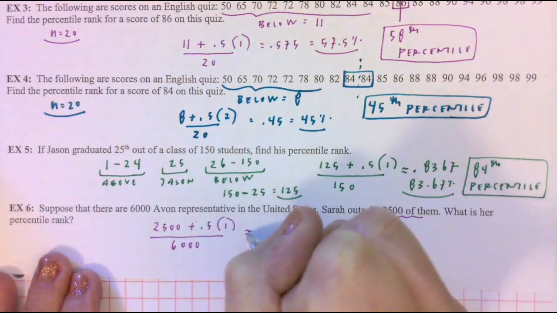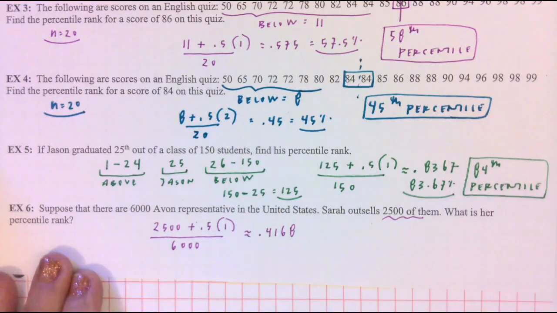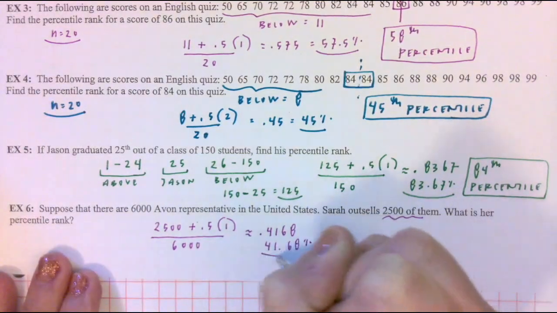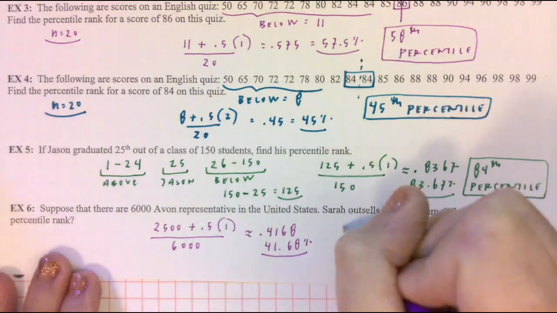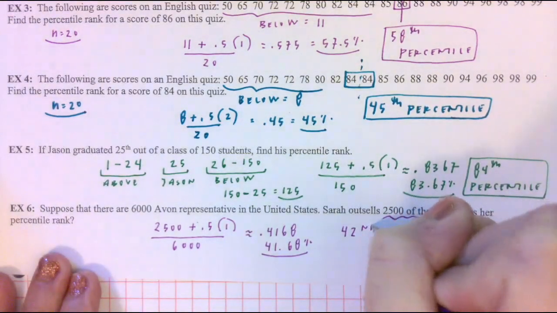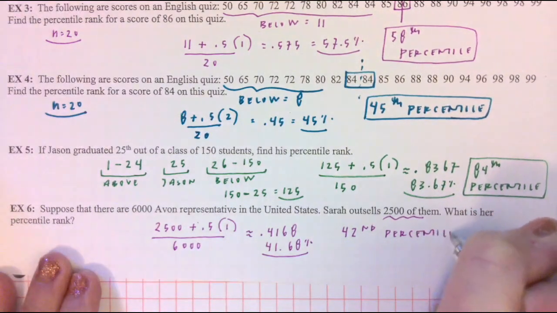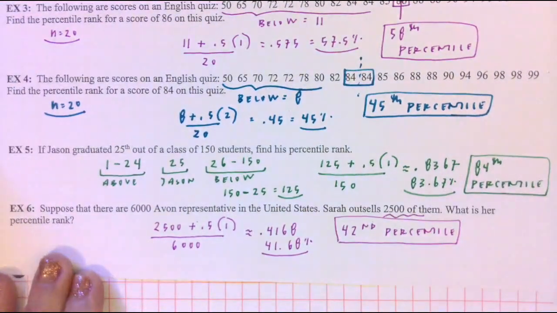Here as a decimal, I get 0.4168. Then as a percent, that becomes 41.68%, either multiplying by 100 or moving that decimal 2 spots to the right. And then we round to the nearest percentile. So 42nd percentile. Essentially, Sarah outperforms about 42% of her fellow Avon representatives in the United States.